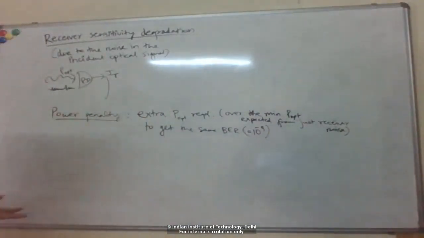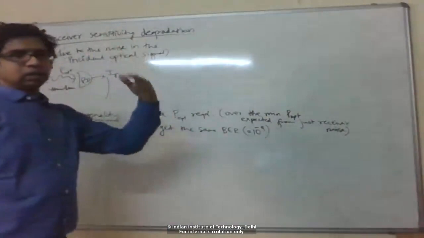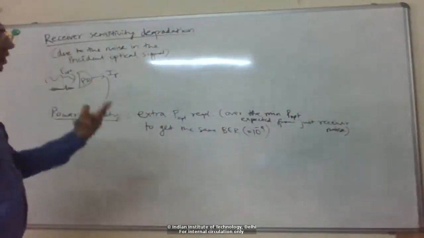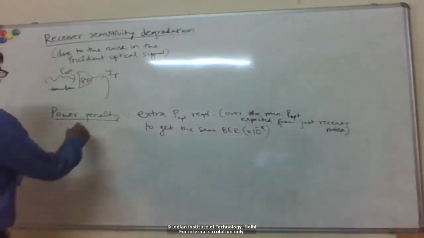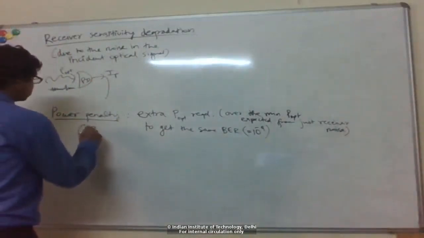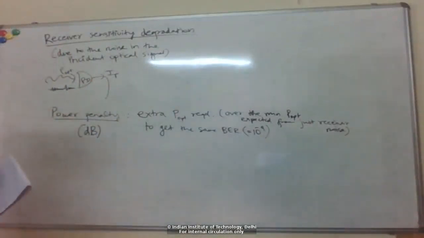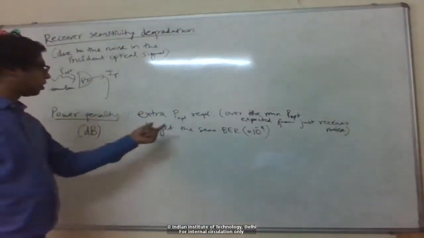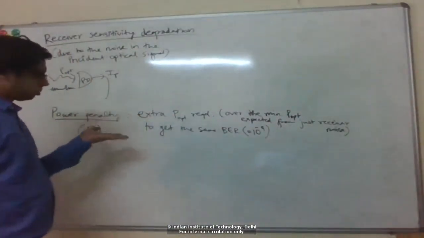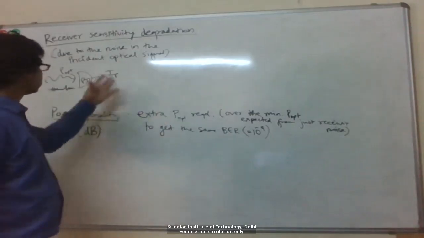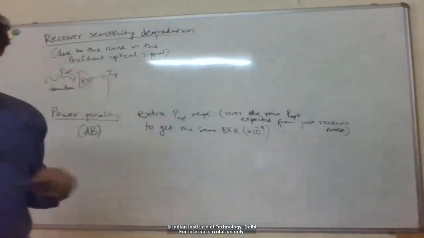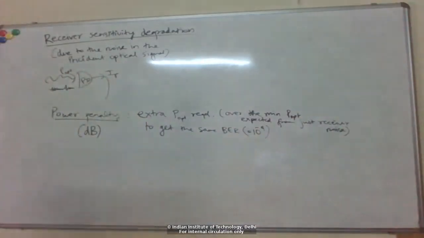It tells me how much the sensitivity has degraded because of this extra noise. Typically it's measured in dB, so you take 10 log 10 of the optical power required, including this noise, divided by the optical power required without this noise, just from the receiver.